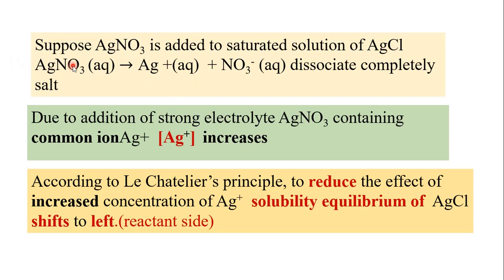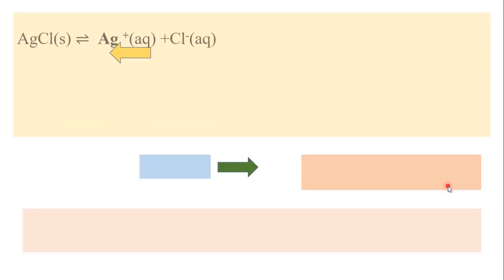Then AgNO3 is a salt, so it ionizes completely and gives Ag ions and NO3 ions in the solution. Now due to addition of the strong electrolyte, the concentration of Ag ions increases in the solution. So according to Le Chatelier's principle, to reduce the effect of increased concentration of Ag ions, the solubility equilibrium of AgCl shifts to the left side.